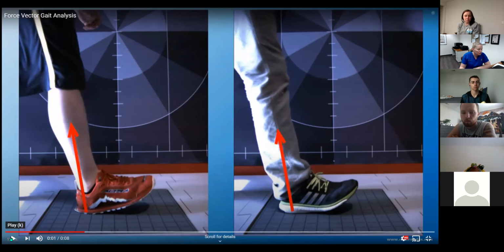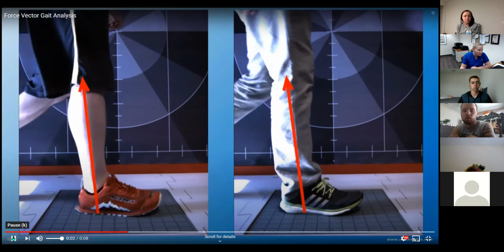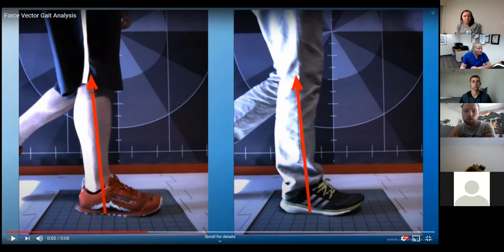So we're at neutral, the ground reaction force is still posterior, and now the ground reaction force is sliding a little bit more anterior to the ankle as the patient is starting to plantar flex. So then boom, the tibia is rotating over top of the foot, the ground reaction force has now moved anterior to the ankle.